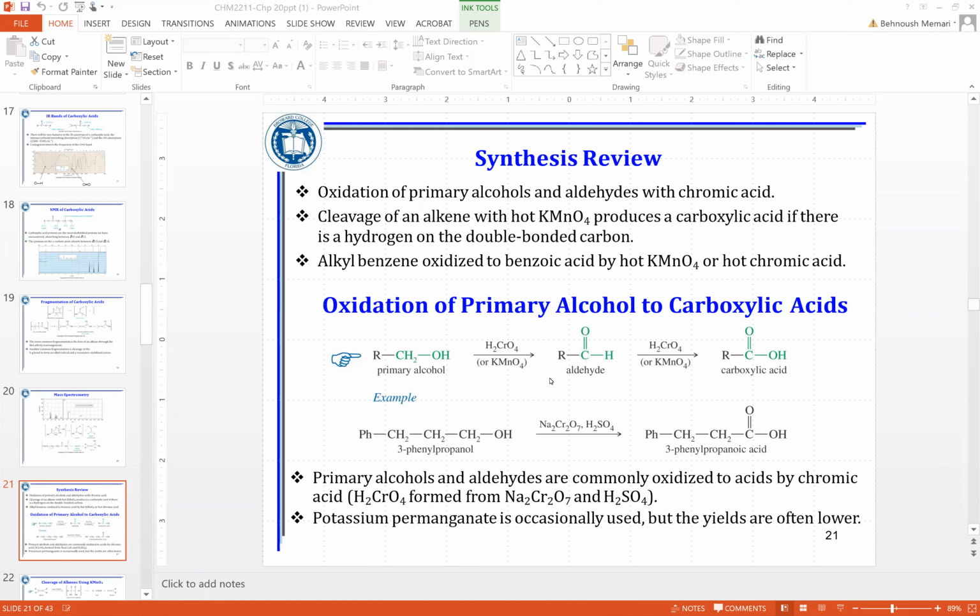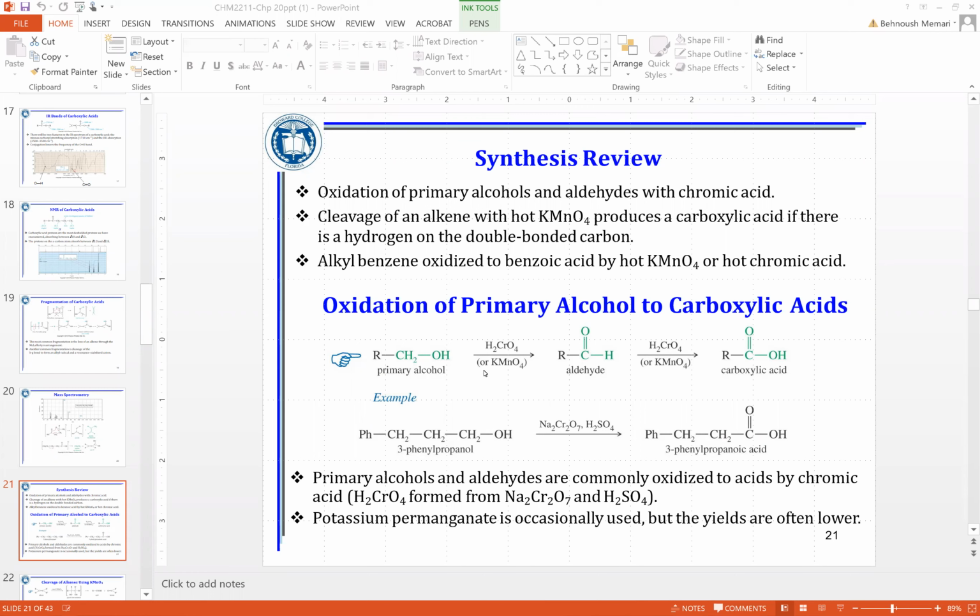Okay, the synthesis review. The first reaction that would produce carboxylic acid is oxidation. We talked about oxidation of primary alcohol using PCC to go to aldehyde.